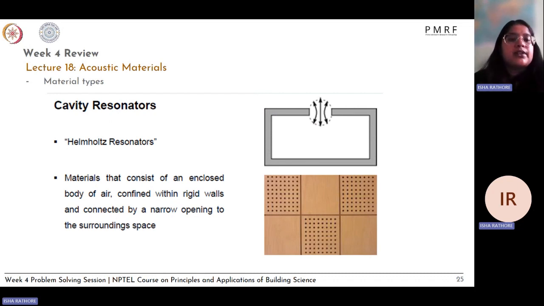Then the third type of acoustic materials are cavity resonators. So these are also known as Helmholtz resonators, and they consist of an enclosed body of air, which is confined within rigid walls and connected by narrow openings to the surrounding spaces. So you have these narrow openings basically, and each of these holes captures the sound and stores it in.